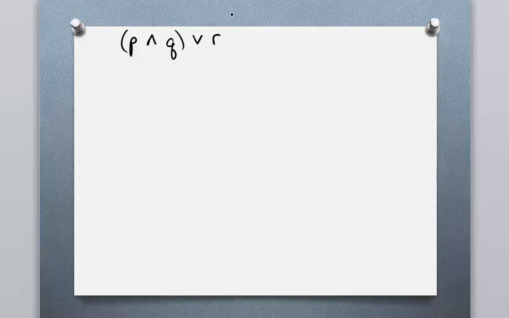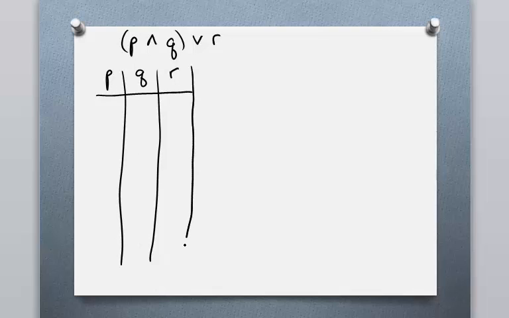Now again, since we have 3 events, P, Q, and R, we know that our truth table is going to have 8 different cases. So I'm going to begin by making a column for P, a column for Q, and a column for R. And we're going to list out those 8 cases. Remember that under the P column, you will have 4 trues and 4 falses.